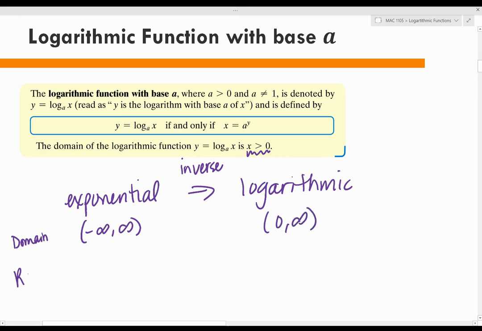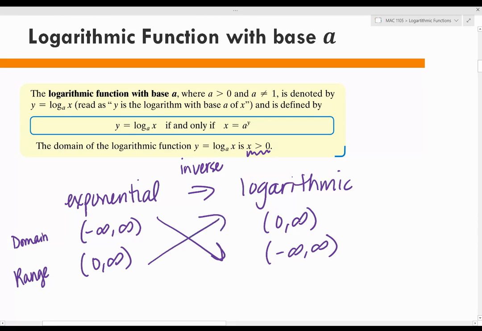Because these two functions are inverses of each other, the range of the exponential is 0 to positive infinity, and the range for the logarithmic is all real numbers. They share this relationship because they are inverses. In the previous section, we talked about the properties of the exponential function. In this section, you will see that those properties are going to be reversed for the logarithmic function because they are inverses of each other.